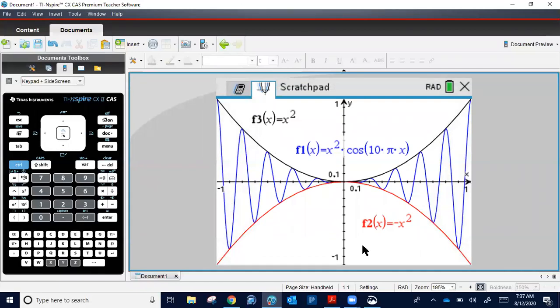I typed in all three problems, and we can see x squared is always the largest on top. Negative x squared is always the smallest on bottom. F of x is always in the middle, and it oscillates like crazy, and then it expands out. It makes a nice little picture here that squeezes into 0 at 0.